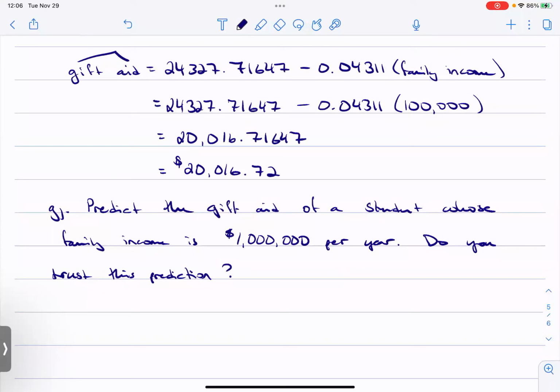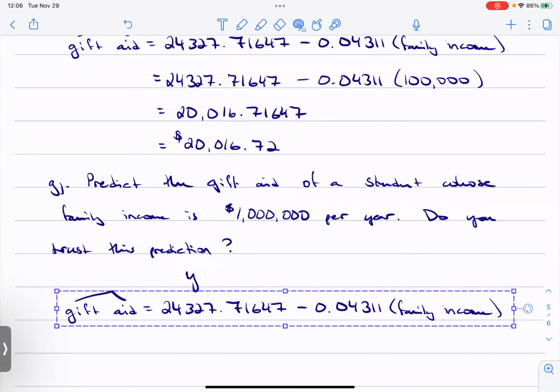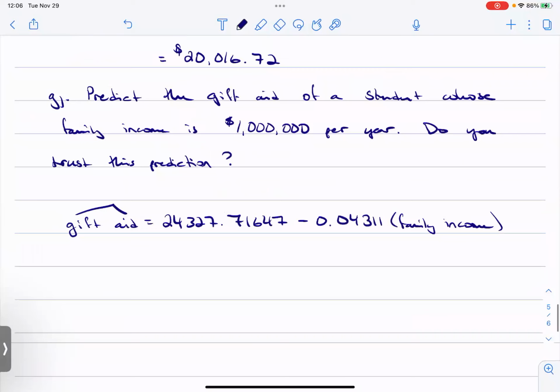We still use the line. It's the only thing we have. So we can still do the prediction. Plugging in a family income of 1 million, I get 24,327.71647 minus 0.04311 times $1 million.